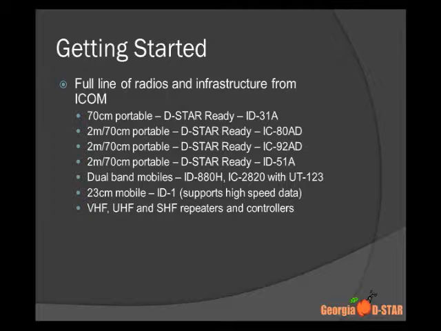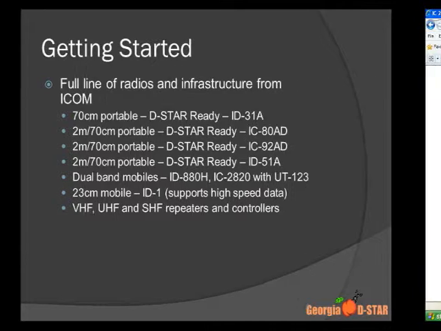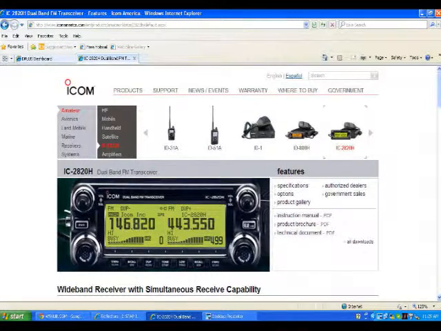Now with the 2820, you also get GPS on the board, and it comes with an external GPS antenna. So you can see that. We're going to show you that from the ICOM website. This is the 2820 radio. As you can see, a little larger display, so you get the full benefit of that.